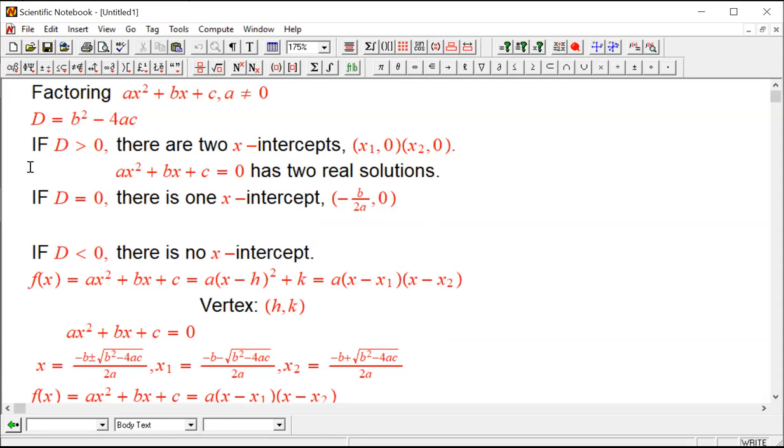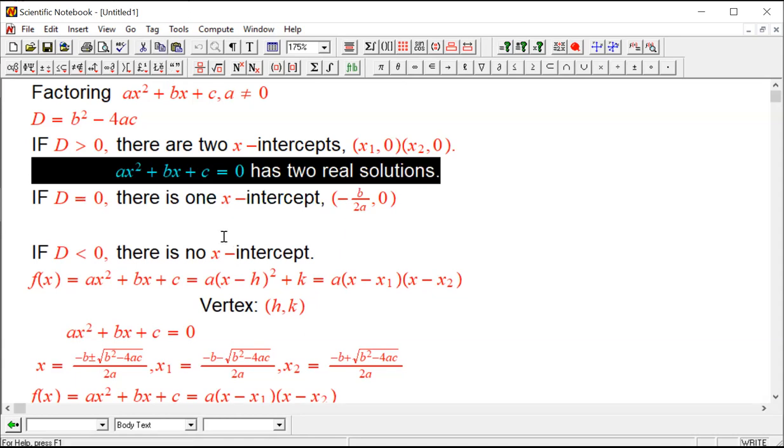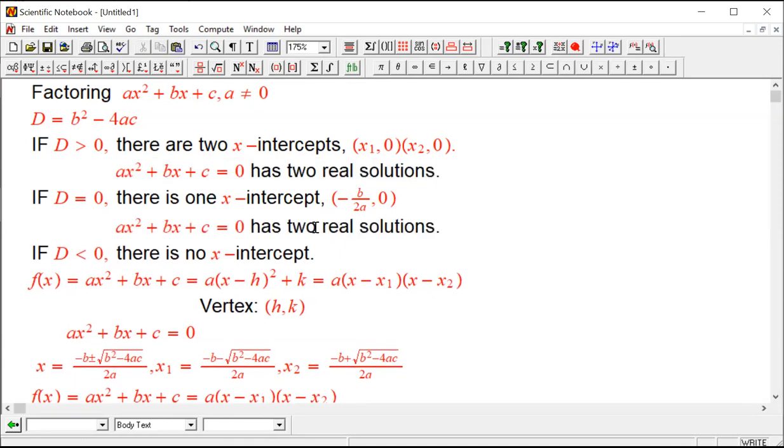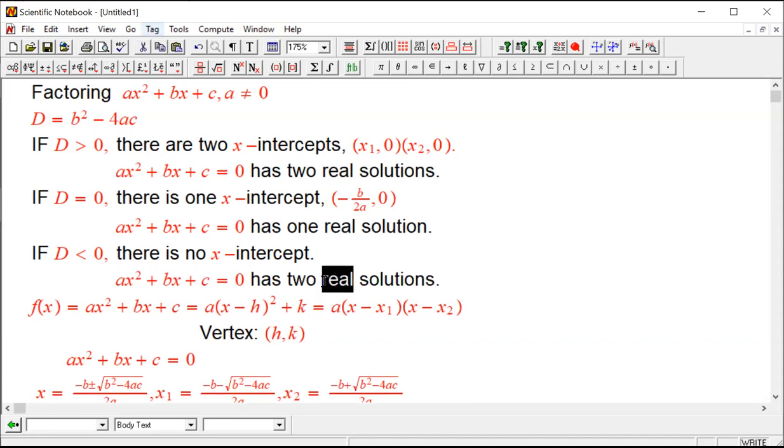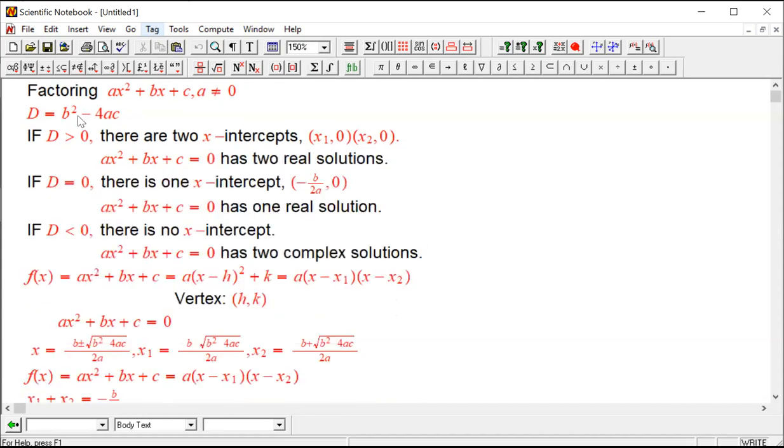In the second case, it has one real solution, singular. Then in the last case, it has two complex solutions. So I think this will be complete in terms of quadratic functions.